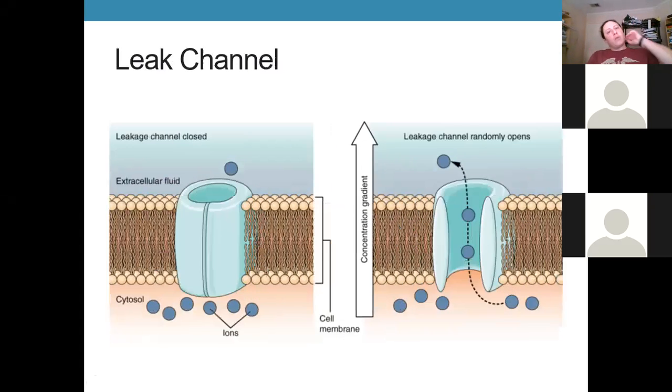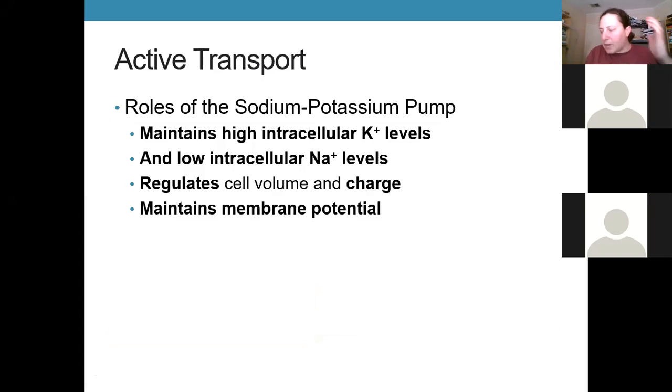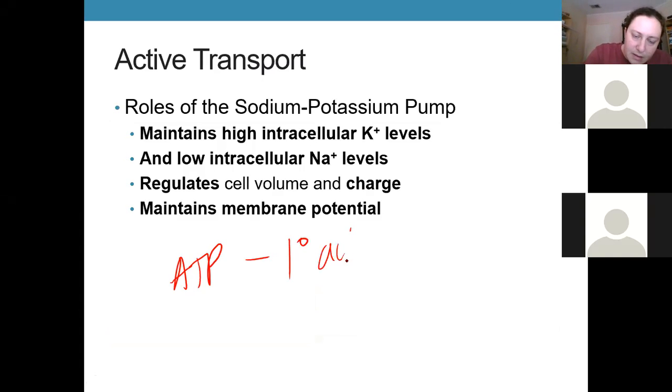So for resting membrane potential, the most important thing to understand is that the cell has these sodium-potassium pumps. So the cell is using ATP. This is an active transport process, right? So primary active transport.